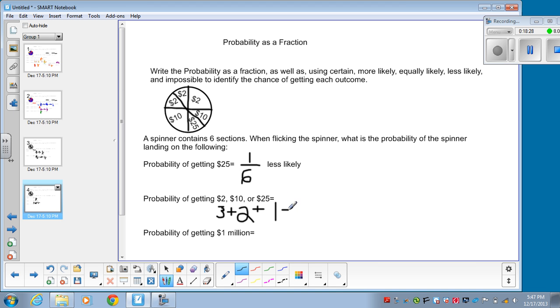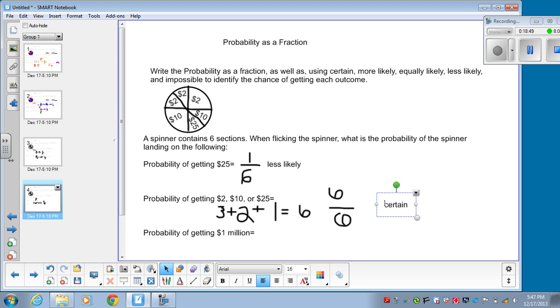That's a total of 6. So the probability of getting $2, $10, or $25 is 6 out of 6. So we say, is that outcome certain, more likely, equally likely, less likely, or impossible? If you said certain, you're correct, because there's 3 outcomes that are on this spinner.